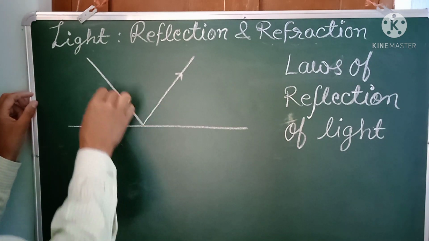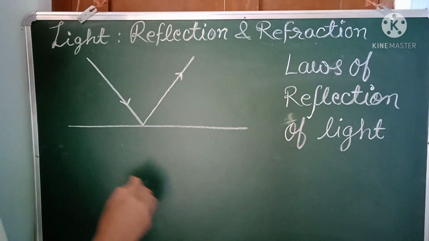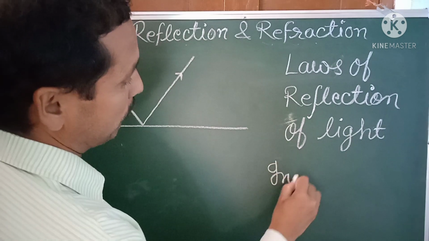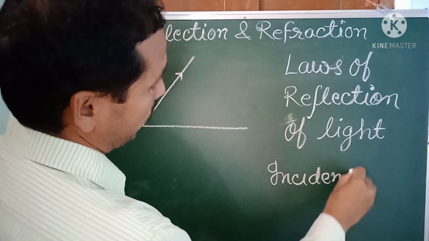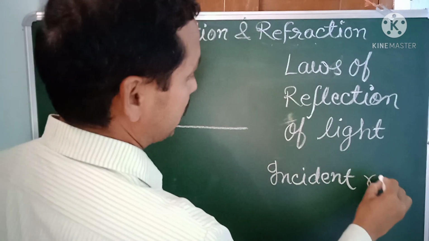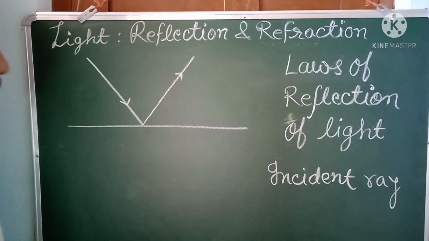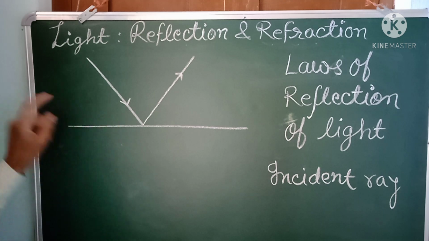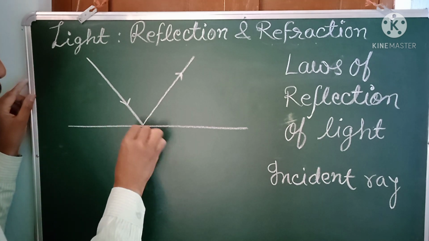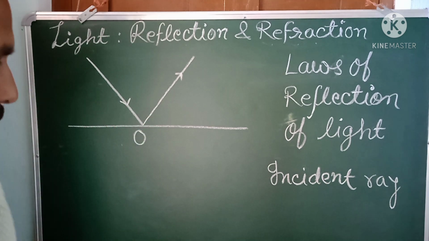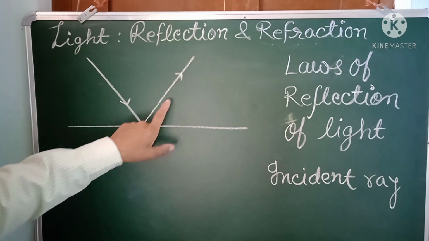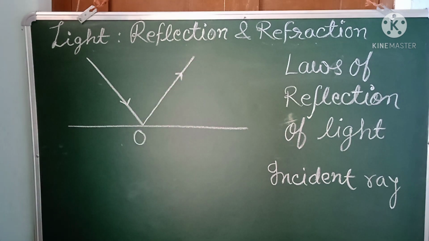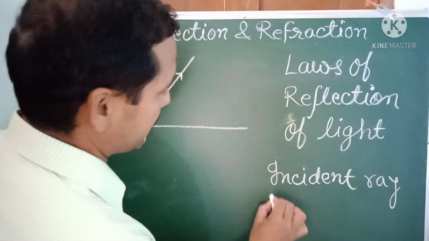This ray, which is coming from the source, is called the incident ray. The point where this ray strikes is called the point of incidence O. And this ray which is reflected in the same medium is called the reflected ray.